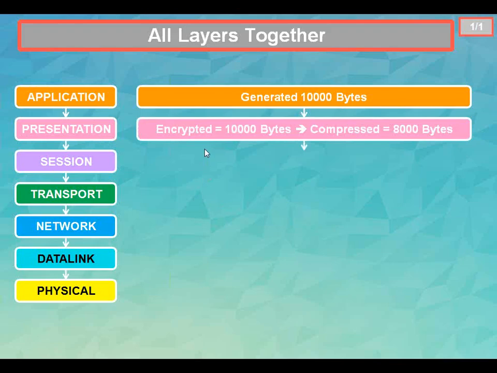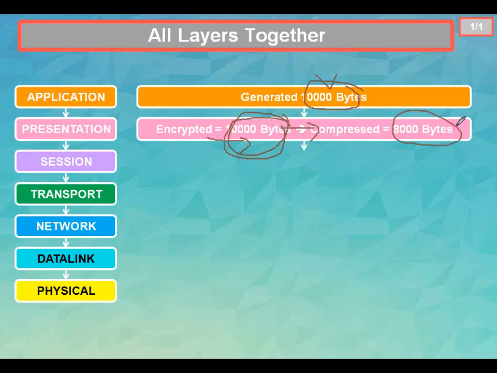The presentation layer encrypts the 10,000 bytes. Output will be 10,000 bytes. But what is the difference between this 10,000 bytes and this 10,000 bytes? This is plain English, an easy format which anybody can understand. But these 10,000 bytes are encrypted, converted into a secret format. Only the receiver can decrypt it. In the middle, even if somebody captures it, they cannot read it. Then the 10,000 bytes is going to be compressed to how much? 8,000 bytes.